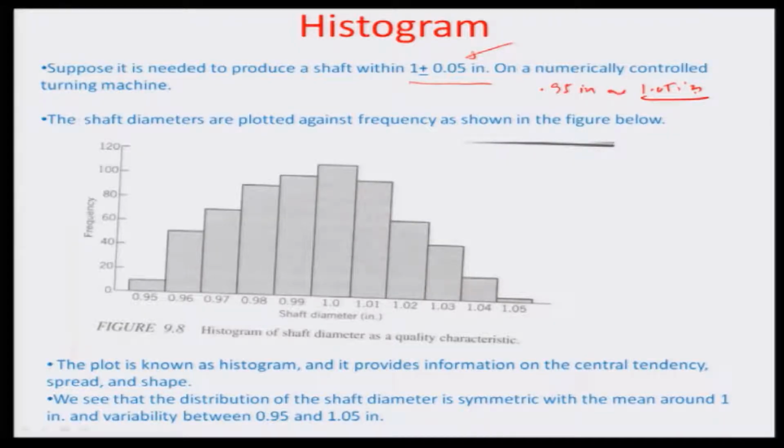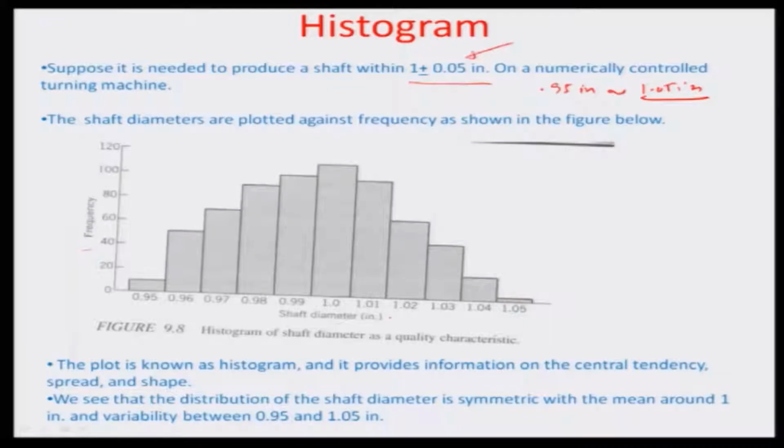When we want to measure the process control at this particular NC system, we would need to do measurements, number 1, and number 2, record the measurements in an organized way, so that you can have some kind of a frequency distribution.